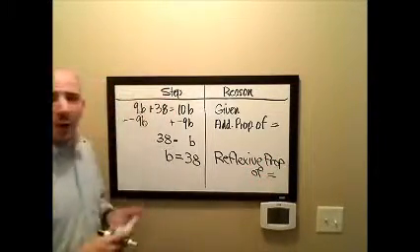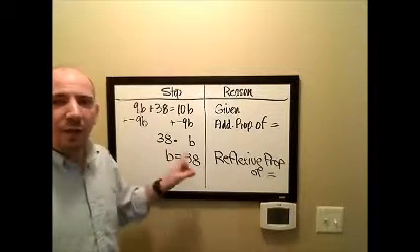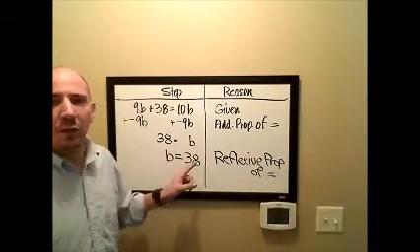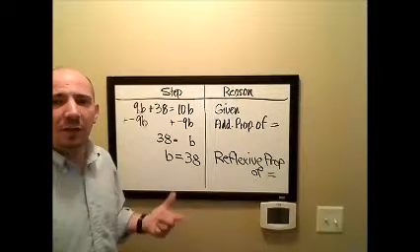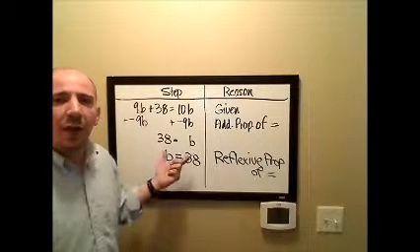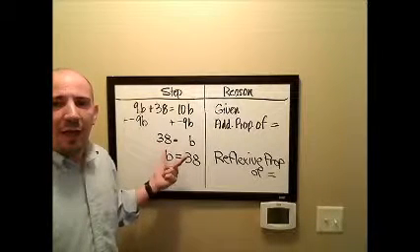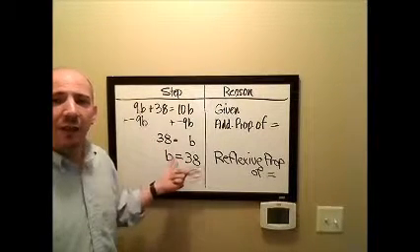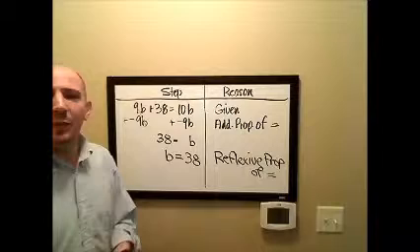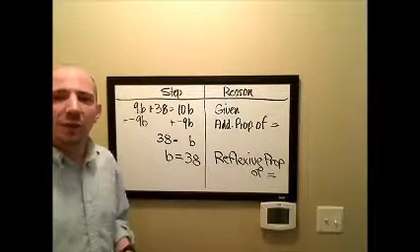What the reflexive property does is tell you that if 38 is equal to b, then b is equal to 38. A thing is equal to itself, basically. So I can put them on either side of the equal sign and it still has the same meaning. The answer to the first one was b is equal to 38.